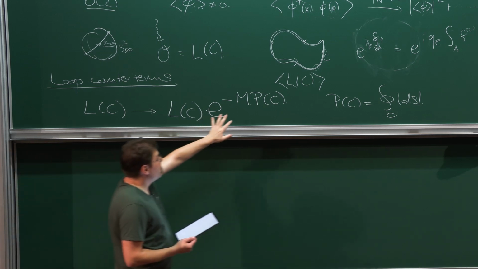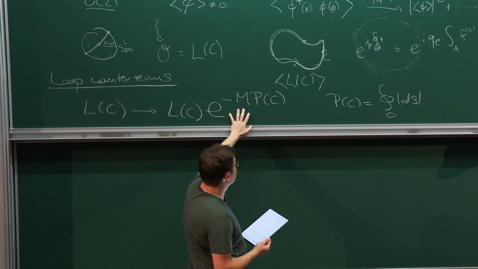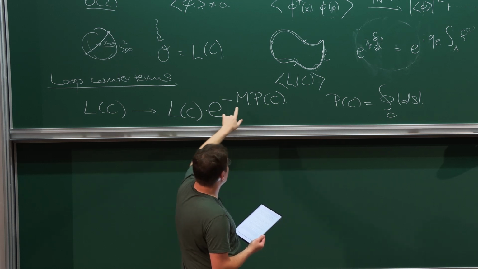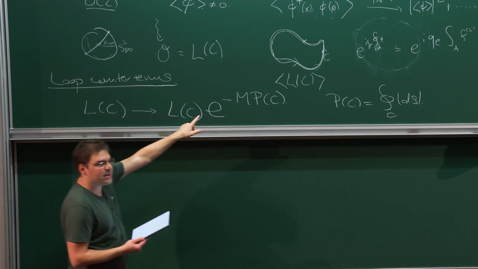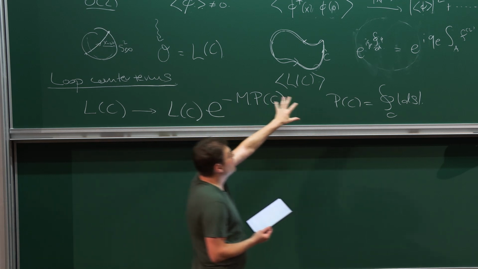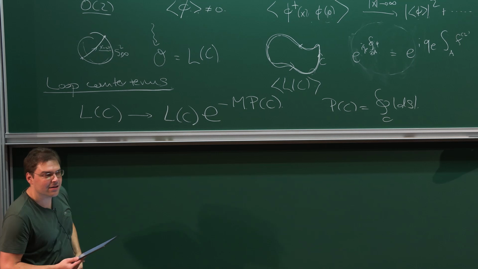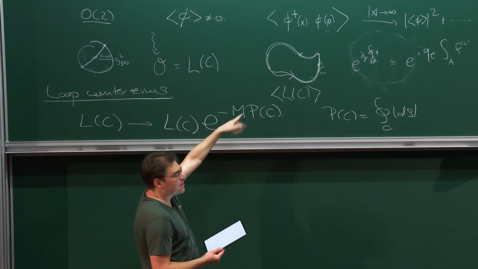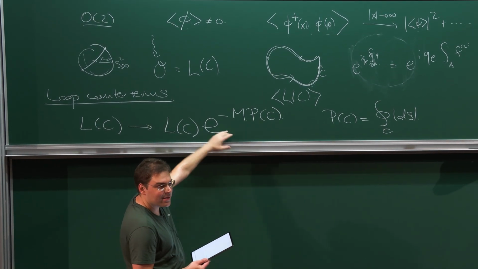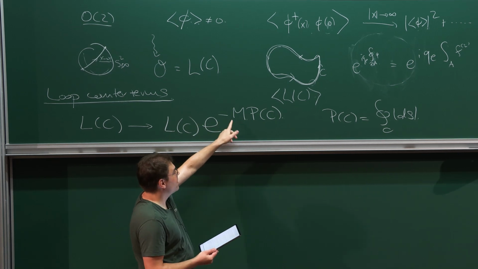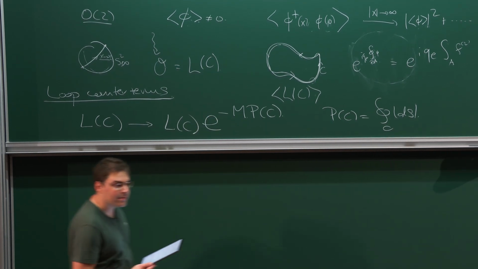Okay, so by modifying the loop in this way, we can affect its long distance behavior, because as we scale up the size of the loop, this thing goes to infinity. So that means that if M is positive, this thing will be exponentially decaying with the length of the loop. If M is negative, then this will be exponentially increasing with the length of the loop.